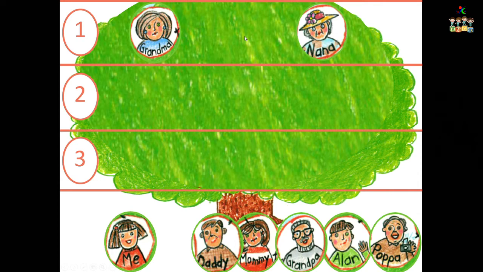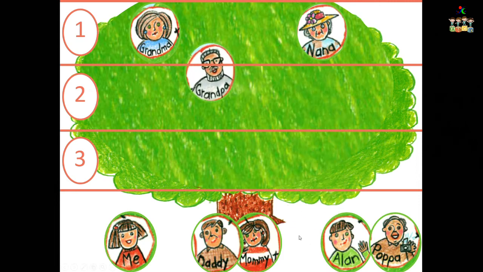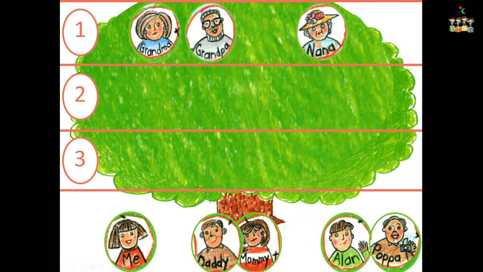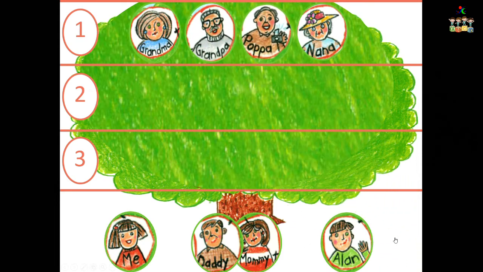So, who else will go in line number 1 at the top? Of course, Grandpa and Papa, our grandfathers. Now, who goes in the middle? Line number 2.